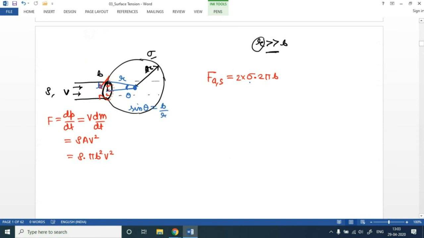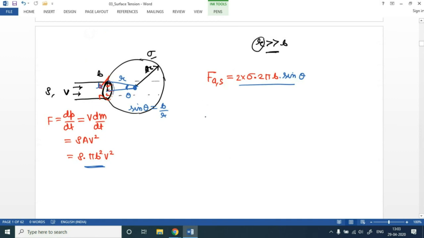The axial component would be the sine component, so this would be the force. These two forces, the force exerted by the air and the surface tension force acting along the axis of the tube in the leftward direction, will balance each other.